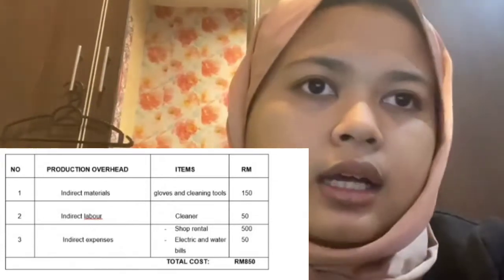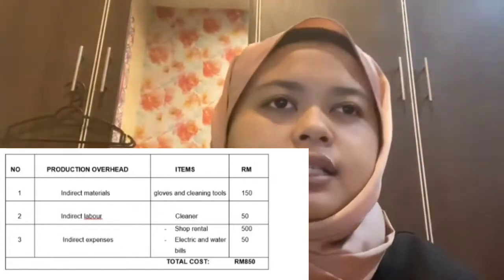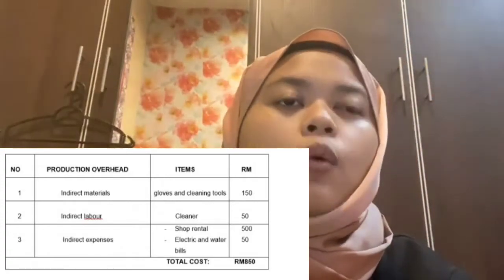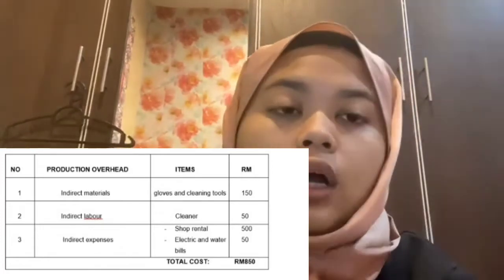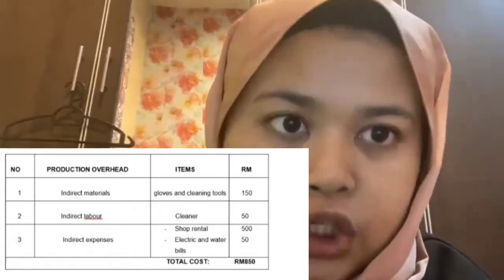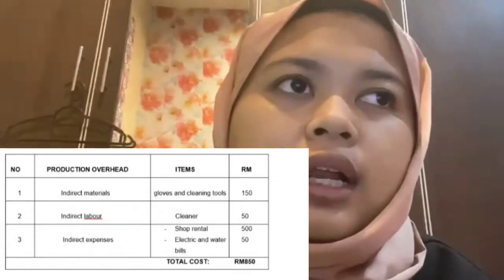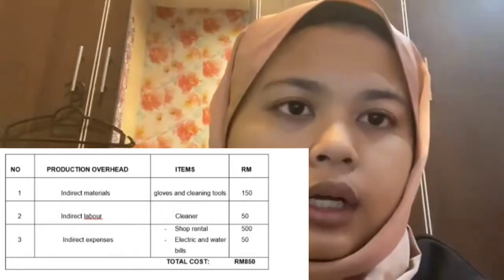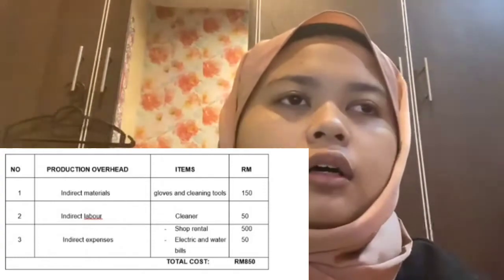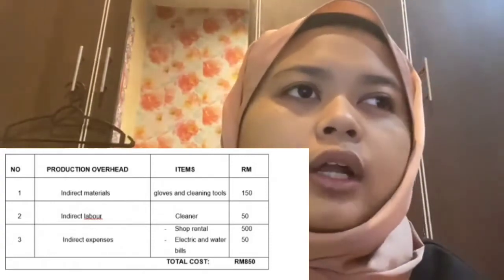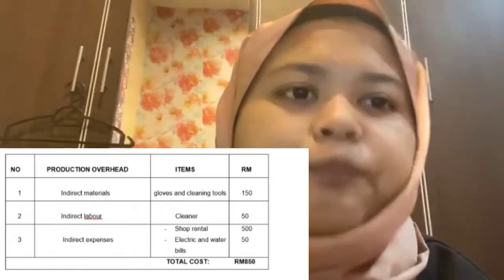Okay, next is indirect expenses. For our bakery shop, the rental for our shop and the bills for electricity and water will be indirect expenses because the rental and bills for a bakery shop are included in the cost of the products that we make.